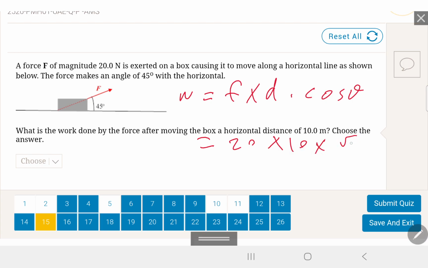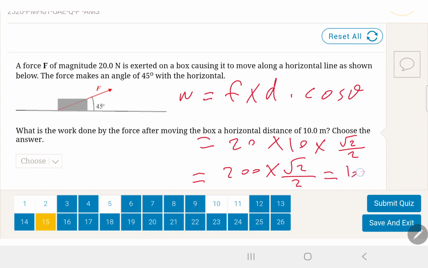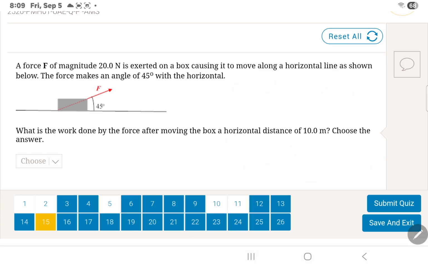Cosine 45 is square root of 2 over 2. So that will be 200 times square root 2 over 2, and that will be 100 square root of 2. You can find it as a decimal and choose it from the options. 100 square root 2.